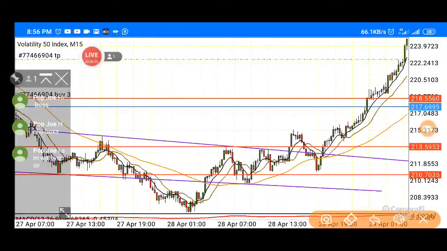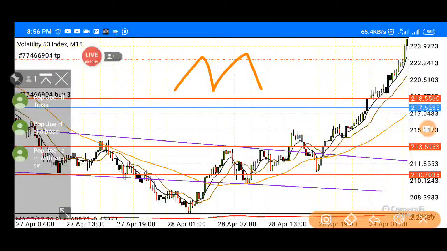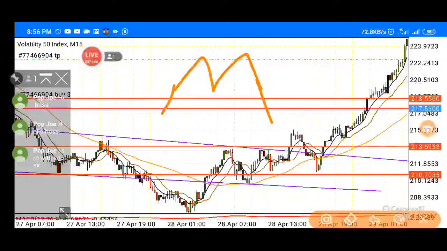Double top is also a reversal pattern, or we call it M. When you see a double top, you look for an opportunity to sell.